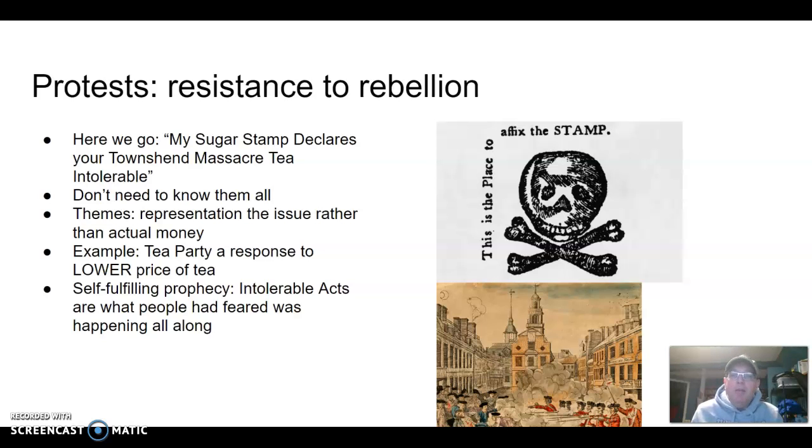But by the Intolerable Acts, Britain starts to do the things that colonial leaders had thought they were going to do all along: closing the port of Boston, changing the way people are tried. These are the rights they feared would be taken away. You could argue that the colonists brought them on themselves with their protests, but eventually the very thing you had feared happens. I just offer, was that a self-fulfilling prophecy?